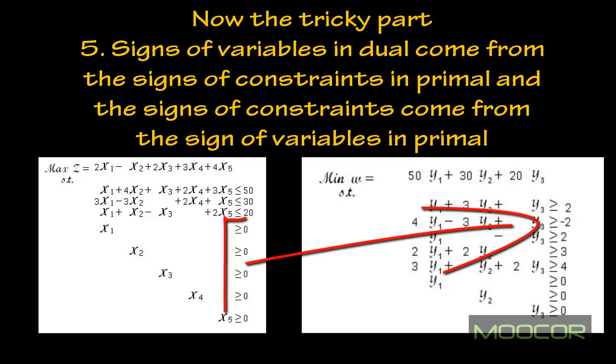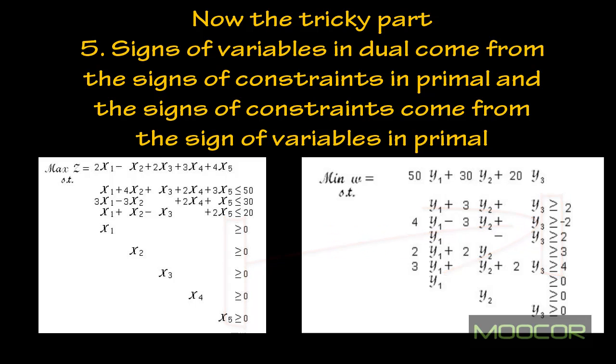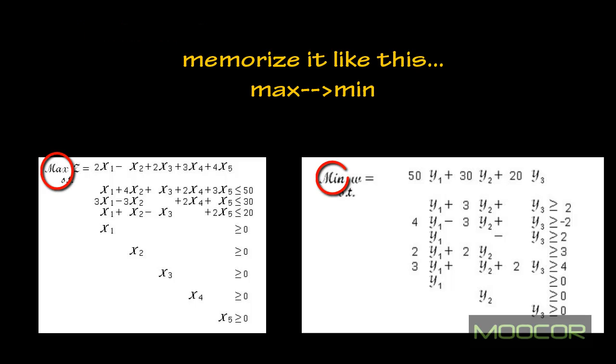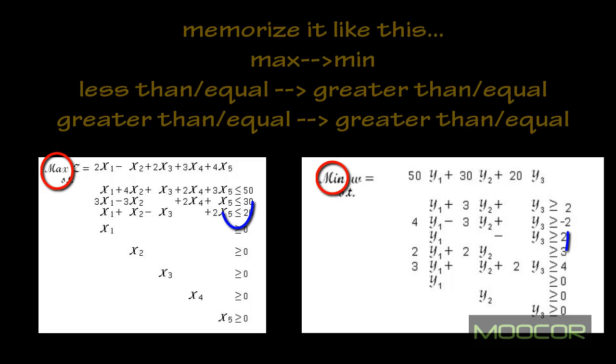Now, the problem with the signs is that people always make mistakes by trying to memorize it the same way that it is represented. Instead of that, I'm suggesting that you look at it like this.